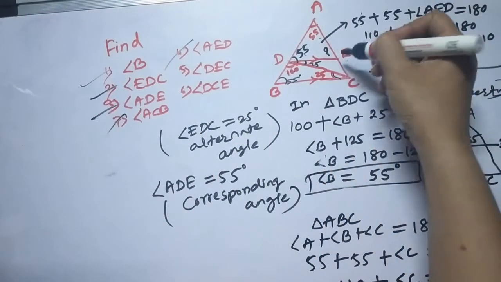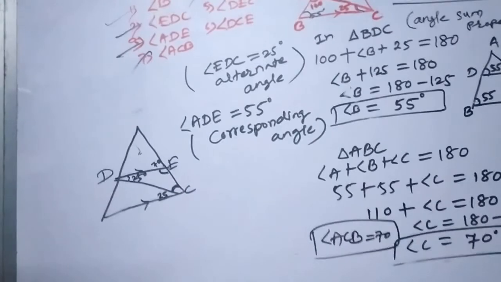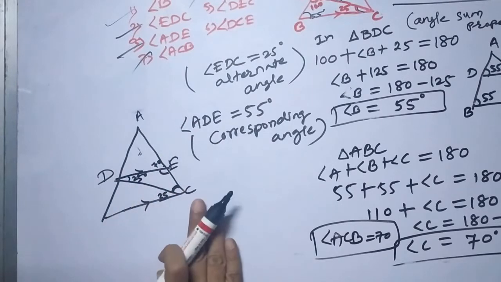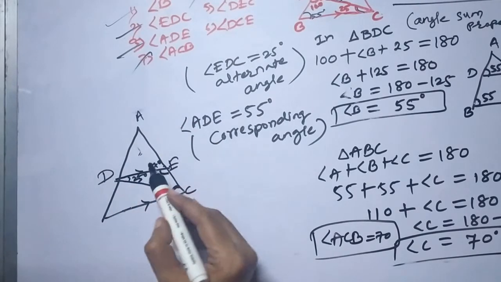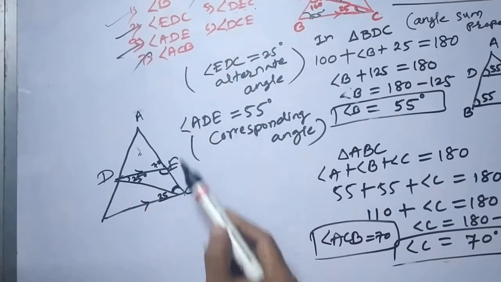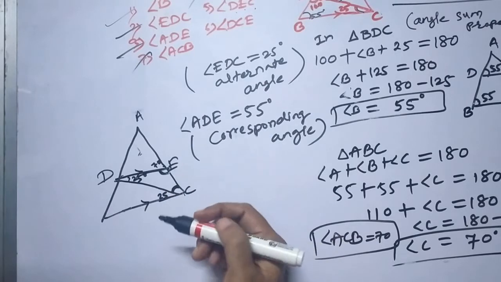Now we need to go for DEC. DEC means this one angle. So friends, here I have written this diagram again clearly. Now we need to focus on this DEC, this one. So friends, if you notice, this angle we can easily find by using linear pair.